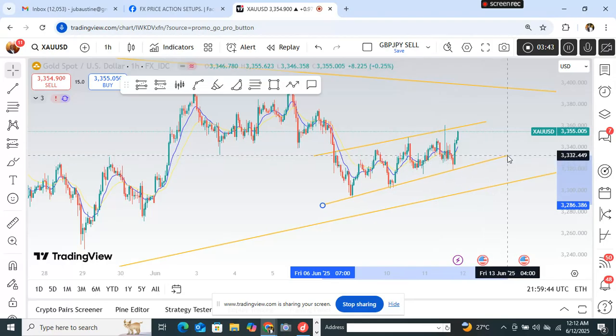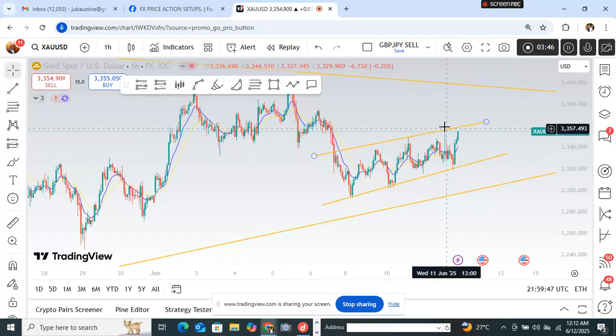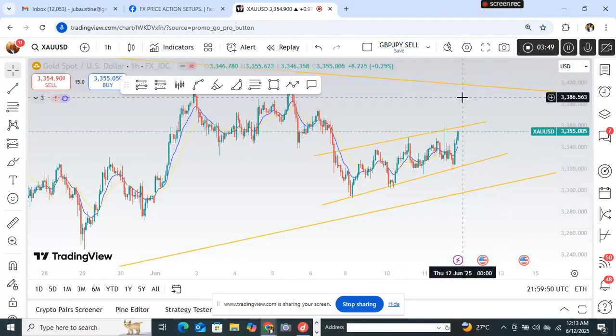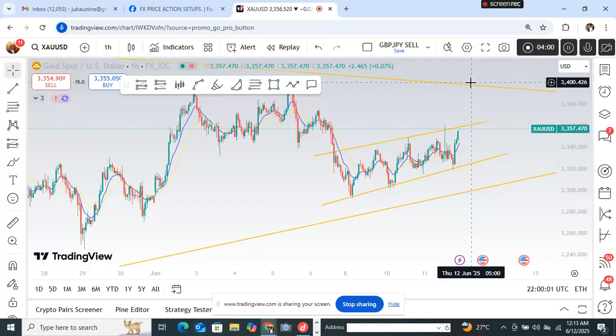So with the bullish move, we'll see if the channel is going to be broken out. Okay, so if the channel breaks out, we can see that the market will have a chance of going to 3440 or 3400. Okay, so we will see.